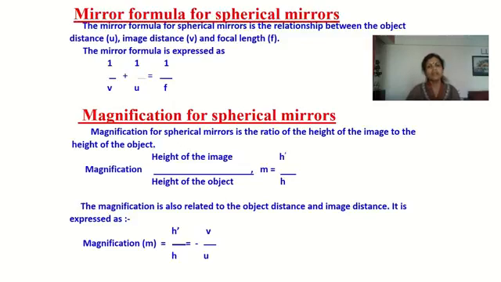We do not have the derivation for how this formula has come, so we will be directly using magnification is h dash upon h, which is equal to minus v upon u, and this is called the magnification in the spherical mirrors. So when we solve the numericals based on this chapter, these two formulas will be very useful to us, and at the same time we will make use of Cartesian sign conventions to solve the numericals.